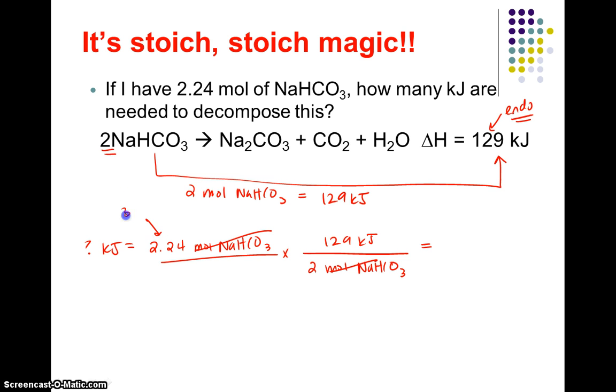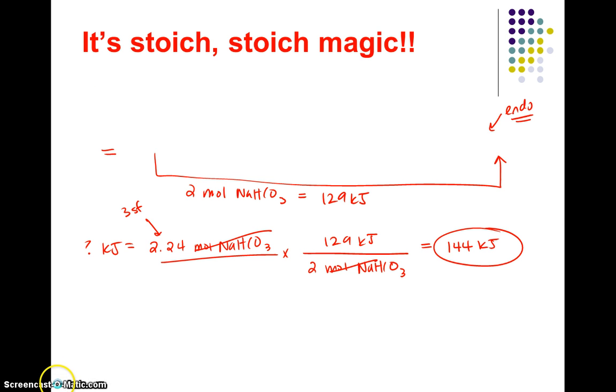Since this has 3 sig figs to start, my answer can only have 3 sig figs, so when you punch that in your calculator, you get an answer of 144 kilojoules. Since I'm putting a little bit more than 2 moles in, I'm going to require a little bit more energy to decompose that.